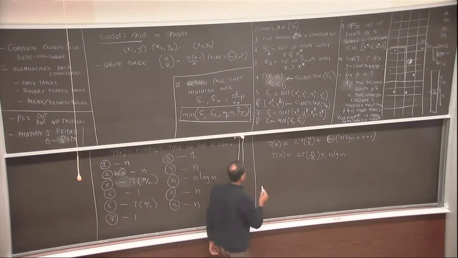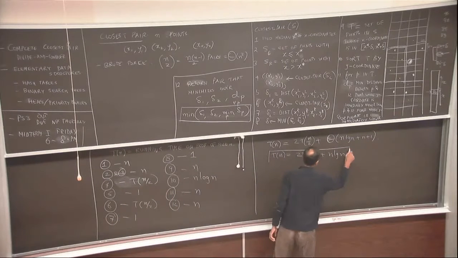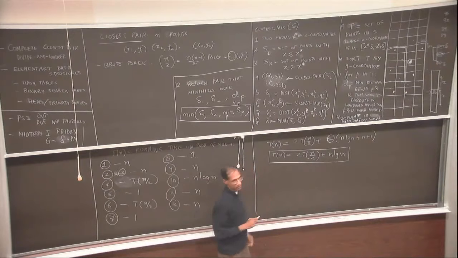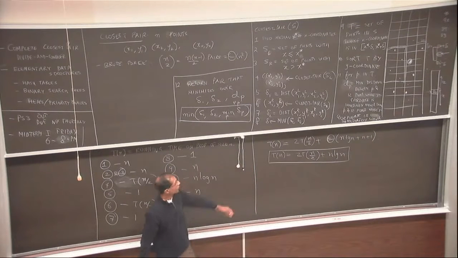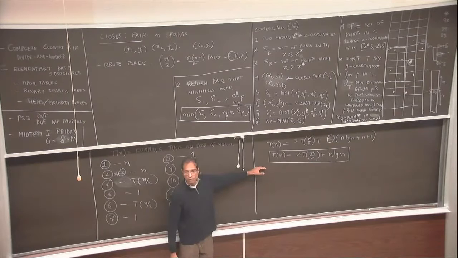Now this is a recurrence we have not seen before, at least in class. What could you try to use for this? You could try to use the master theorem. You could try to use the recursion tree approach. You could try to guess and prove by induction.